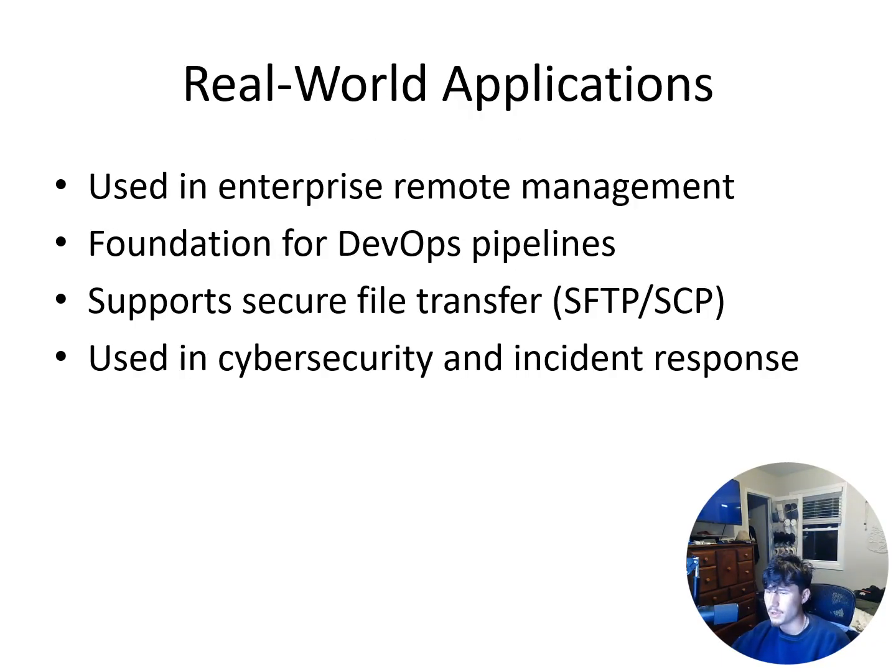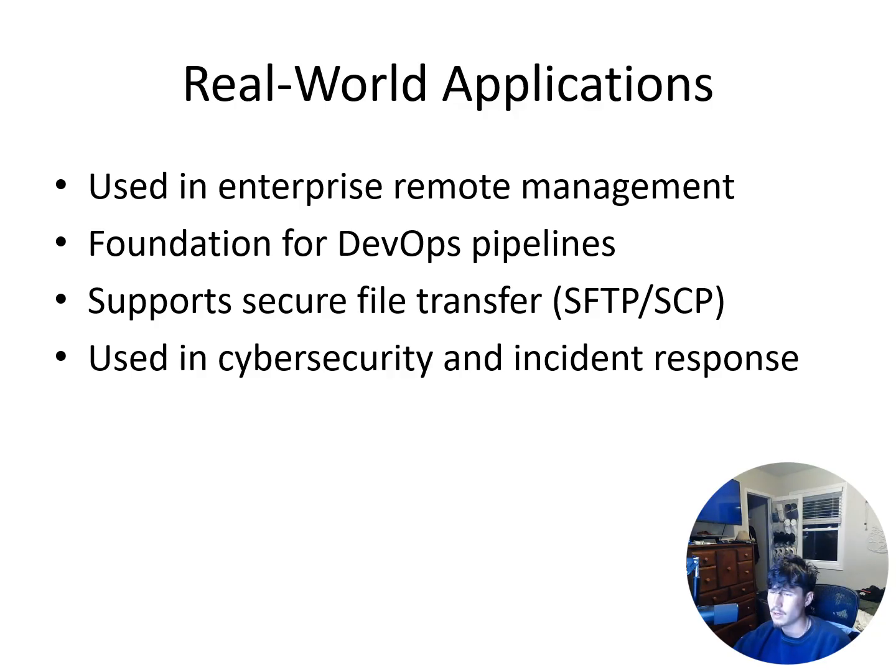Alright, let's get into real-world applications. SSH is used in almost every modern IT environment. In enterprise settings, it's essential for remote server management and maintenance. In DevOps, SSH underpins CI/CD pipelines for deploying code and managing containers. It also supports secure file transfers through SFTP and SCP.